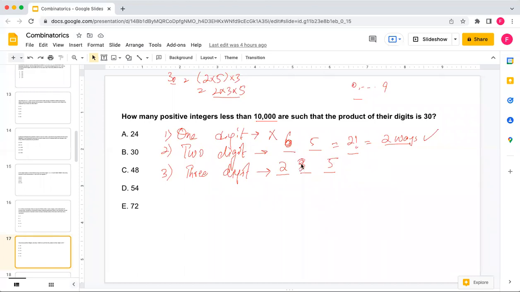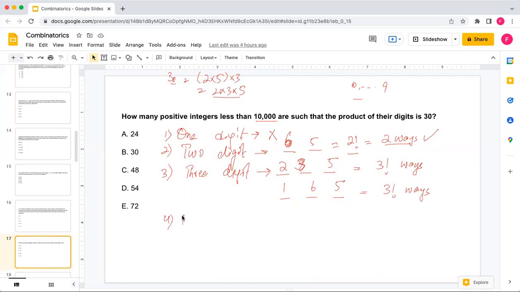This is 3 factorial ways. Now, is there any other 3-digit number such that the product of the digits is 30? Yes, when we have 1, 6, and 5: 6 into 5 is 30, into 1 is again 30. So this can also be arranged in 3 factorial ways. There is no other 3-digit number whose product of digits is 30.